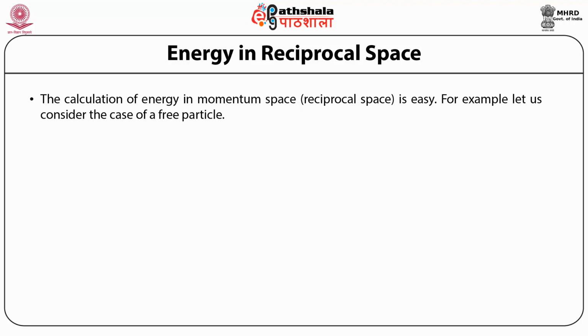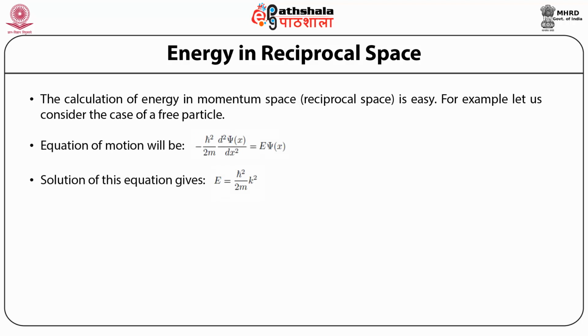For a free particle, the value of potential V is 0 and hence the Schrodinger equation can be written as minus h cut squared by 2m d2 psi by dx squared is equal to E psi, where energy E is h cut squared by 2m k squared.